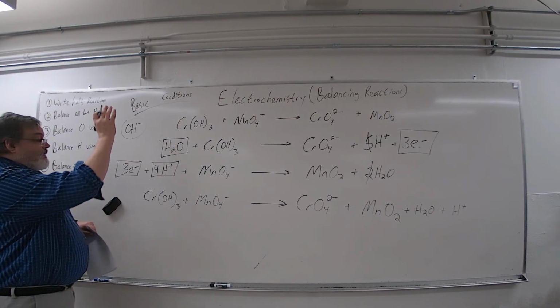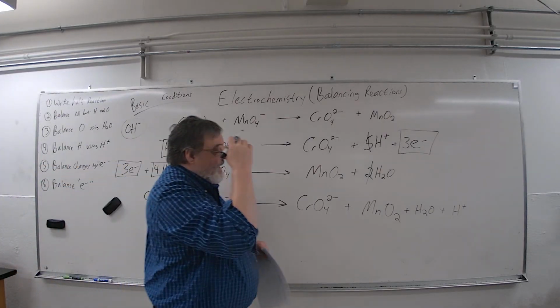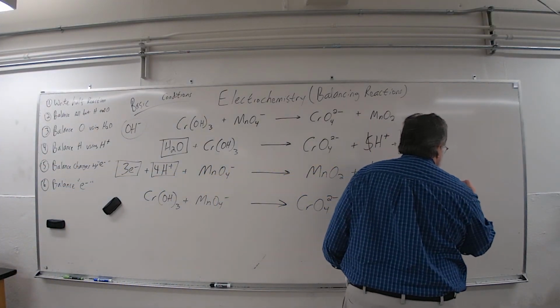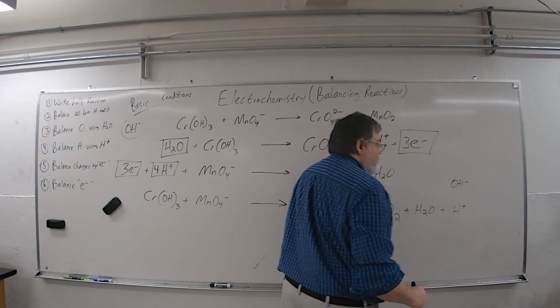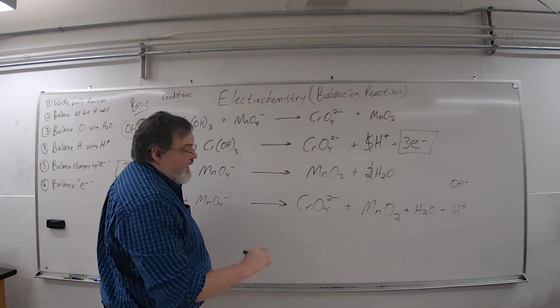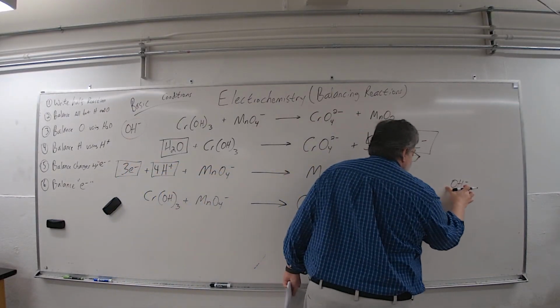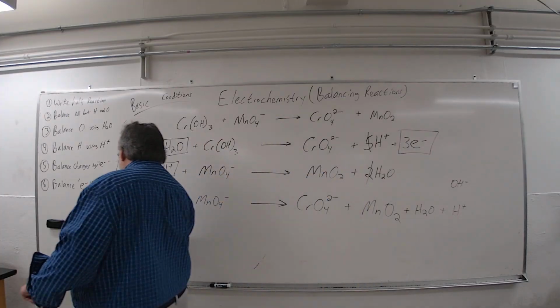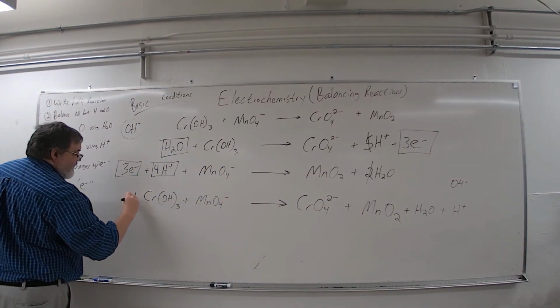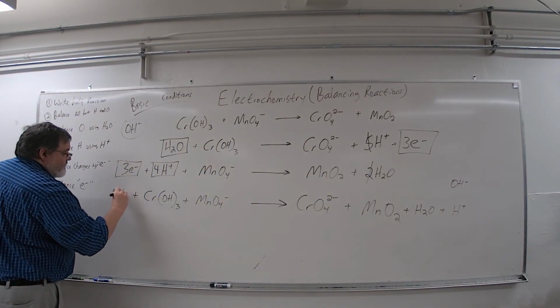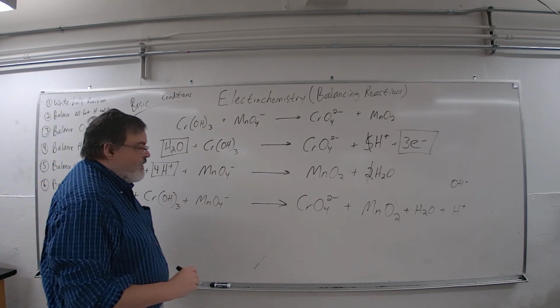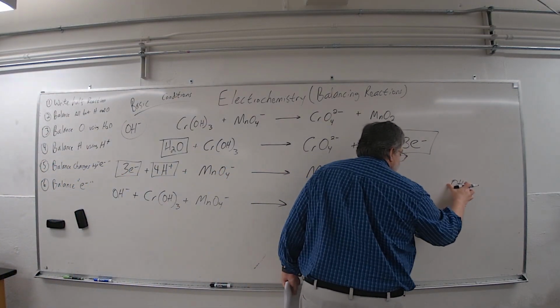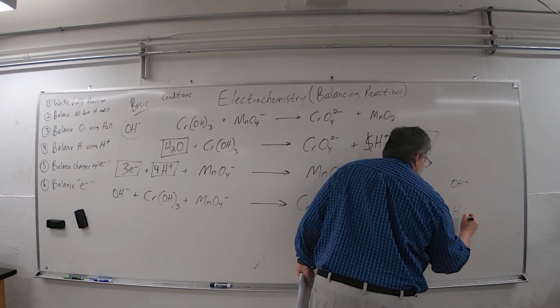One more step to make it basic conditions. You neutralize any H plus you have by adding as many OHs to both sides as you need. So I'm going to add one OH negative to this side, but I'm going to also add it to this side. You add it to both sides. OH negative, and this OH negative makes this H2O.